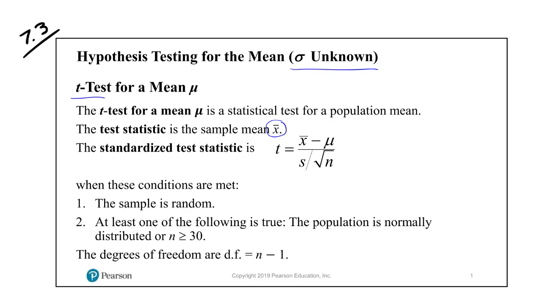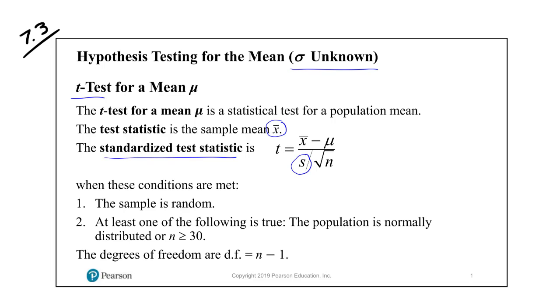That's still the thing we use to get our information about the population mean mu. But this time, the standardized test statistic is t, and our conversion to t has the difference just that it uses the sample standard deviation and not the population standard deviation.